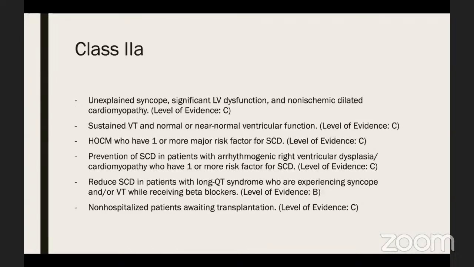In class 2A, ICD implantation is reasonable for patients who had unexplained syncope with significant LV dysfunction and non-ischemic dilated cardiomyopathy, and in patients who have sustained VT and normal or near normal ventricular function, in HOCM patients who have one or more major risk factors for sudden cardiac death, prevention of sudden cardiac death in patients with arrhythmogenic right ventricular dysplasia or cardiomyopathy who have one or more risk factors for sudden cardiac death.